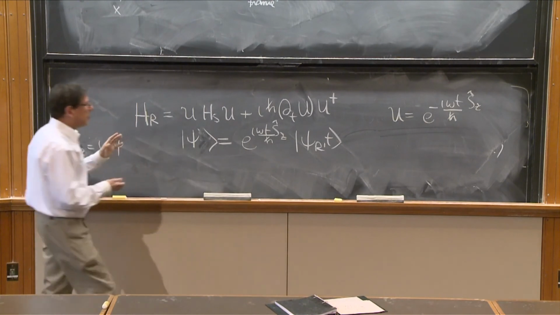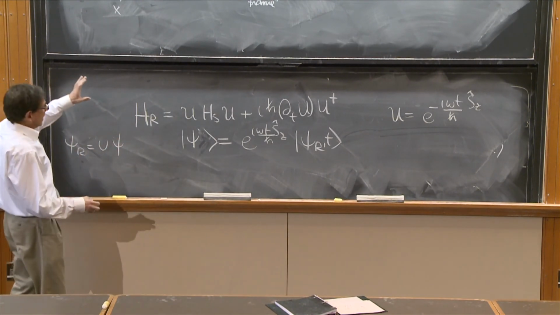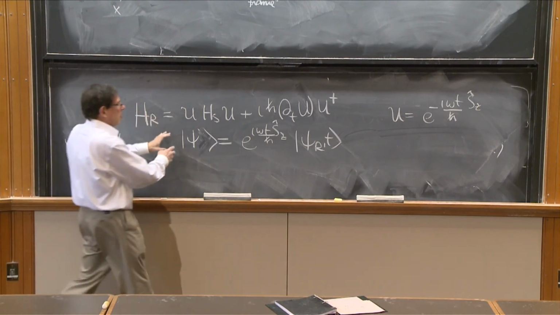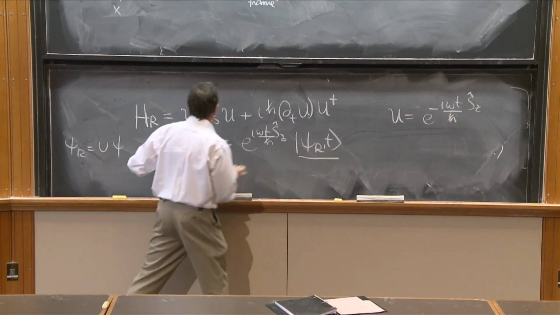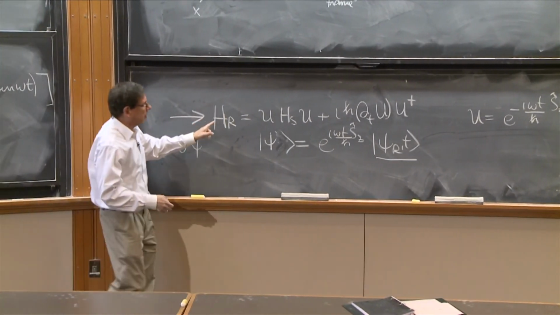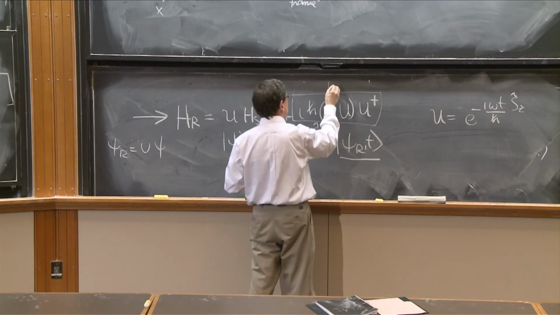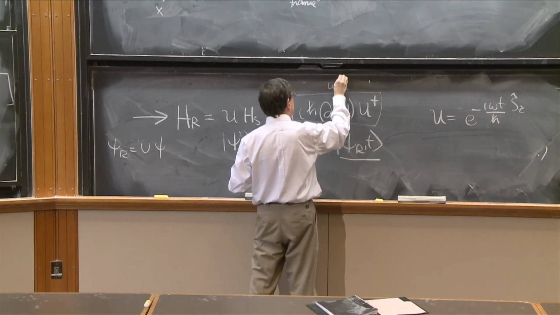So look what the problem has turned into. It has turned into a problem for psi R with a Schrödinger equation that has a Hamiltonian HR, in which this piece is very simple, it is omega Sz hat.